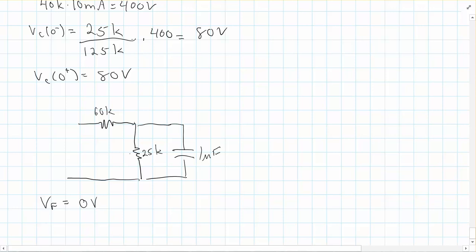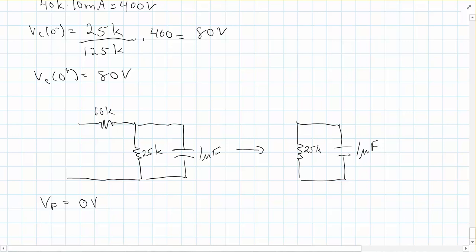Now, I want to point out something here. This 60k ohm resistor, it's actually not really present in the circuit. This really simplifies to the circuit right here. Now, let's think for a second why that would be the case. Well, thinking about current here, current can clearly flow through the 25k ohm resistor, because I've got a loop here.